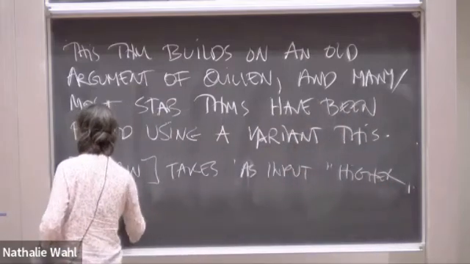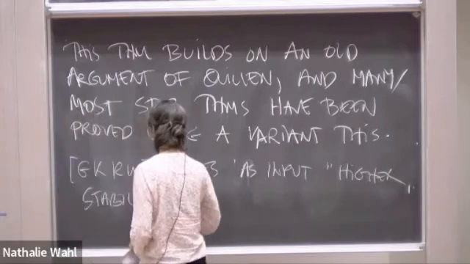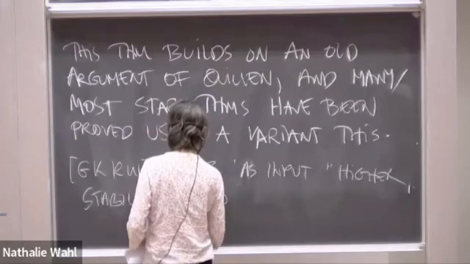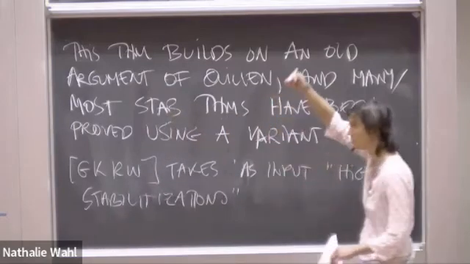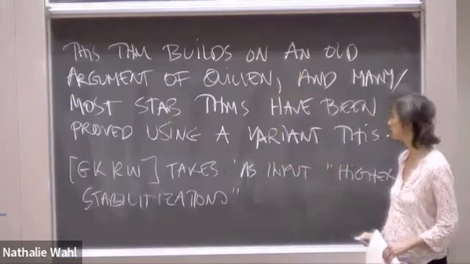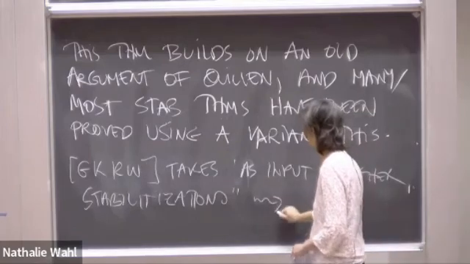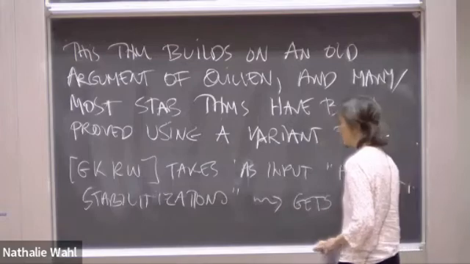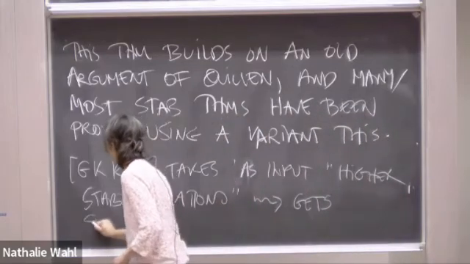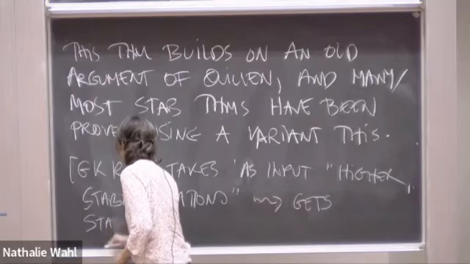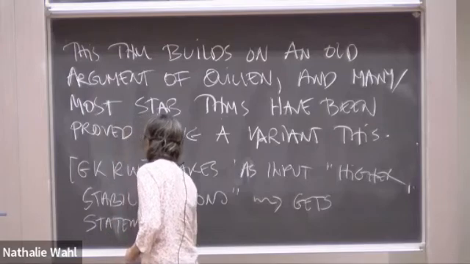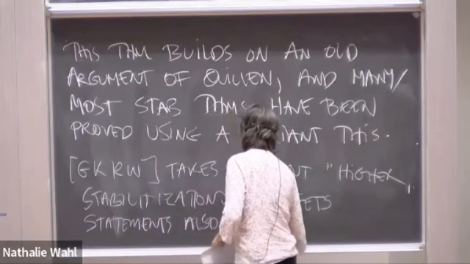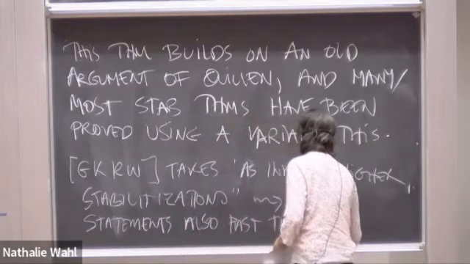So it considers more ways of stabilizing, and also can get a space out of this higher structure, and gets as output statements also past the stable range.